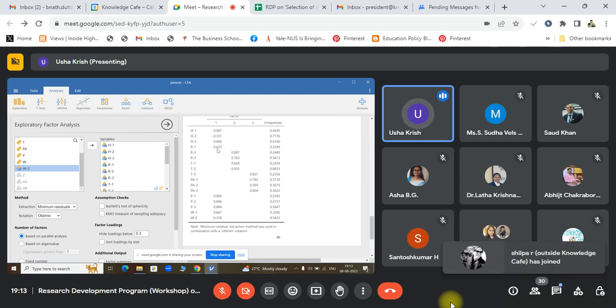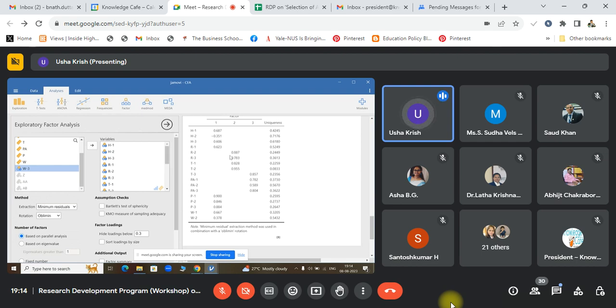Under HR practices, you cannot add recruitment and selection items. There is no relationship between the two. All HR practices should be formed as one group, and all recruitment and selection should be formed as another group. But here it has not happened. HR practices and recruitment and selection are mixed.